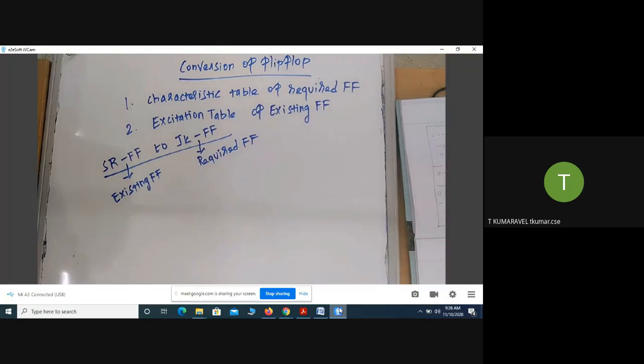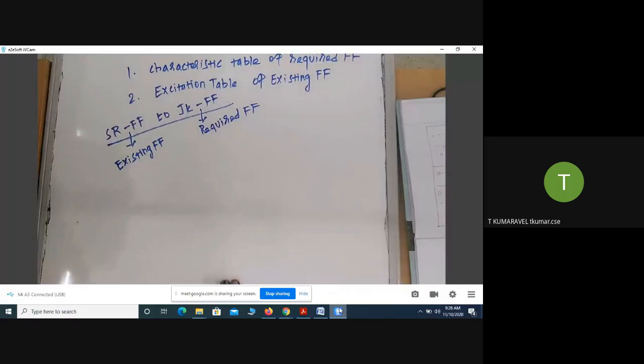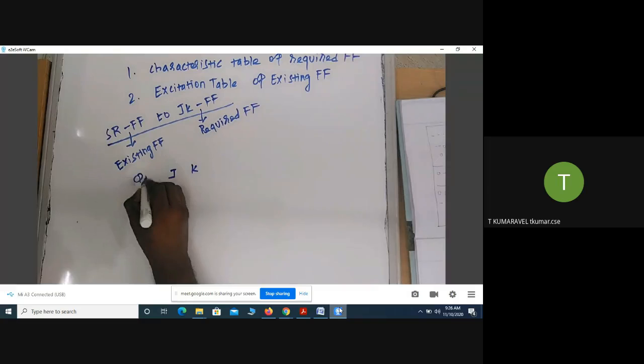So what you are going to do? What parameters are needed for the required one? The required one needs the characteristics table. Here you have a JK flip-flop. How does the characteristics table appear? What parameters are involved in the characteristics table?